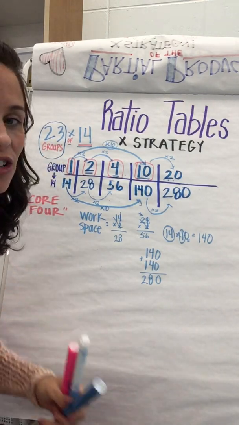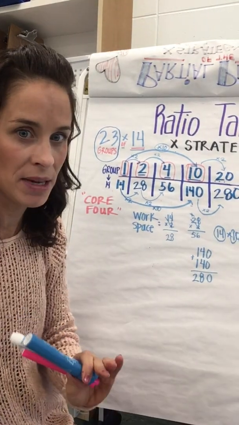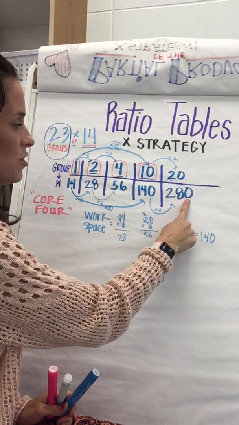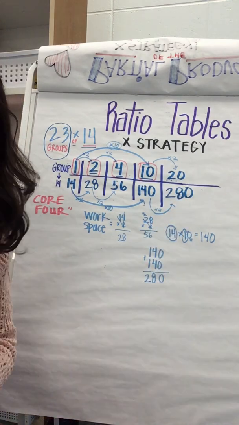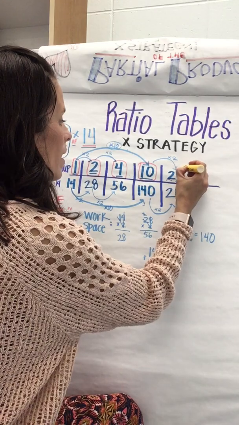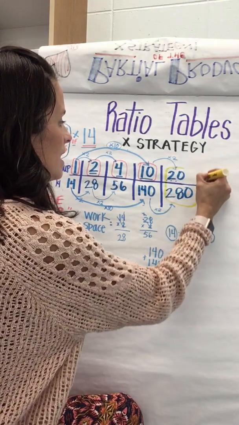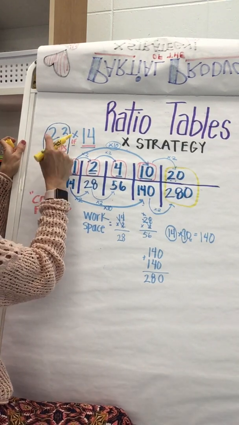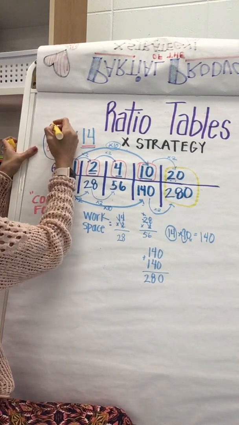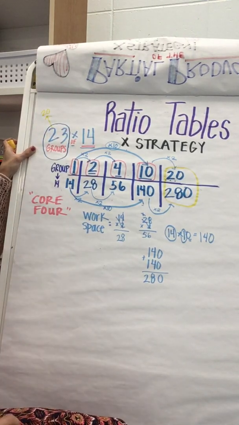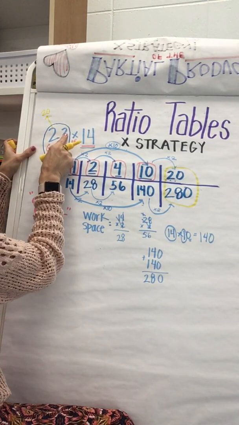Now this gets a little tricky, and I'm going to take my time explaining it. If 20 groups is 280, I want you to look at the table right now. Do I have other information that can get me to 23? So just think about it. I already know what 20 groups are. 3 more groups.